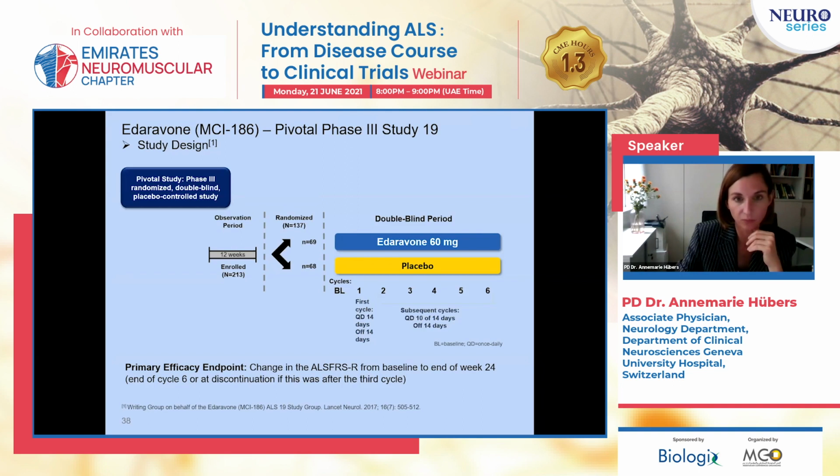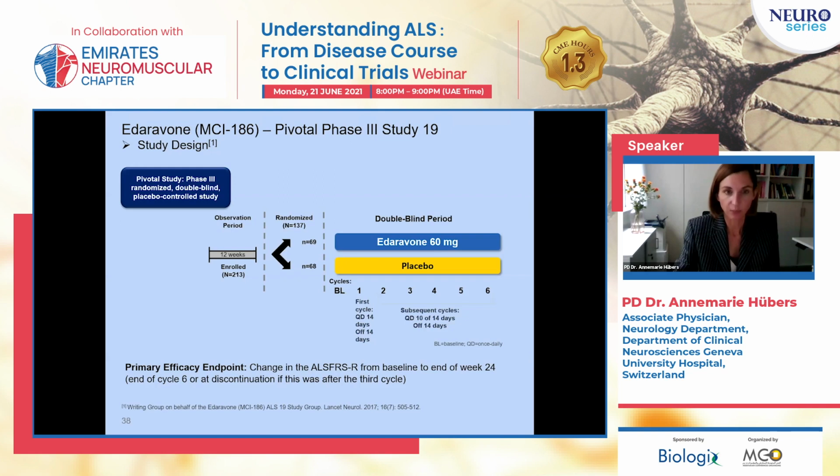Then patients were randomized, double-blind, placebo-controlled, over another 6 cycles with either Edaravone or placebo. And the primary efficacy endpoint was a change in the ALS-FRS after 24 weeks.